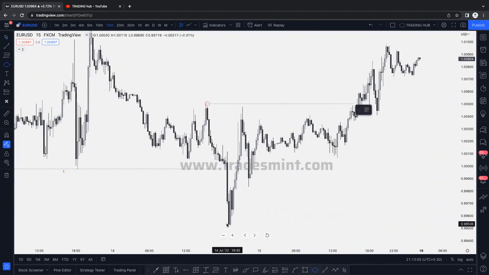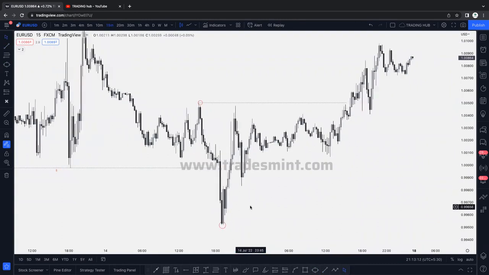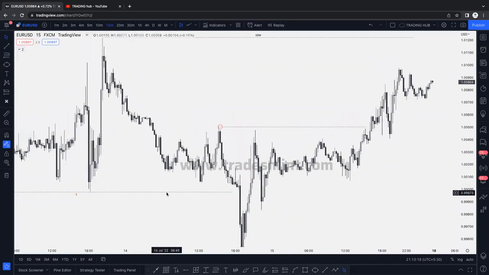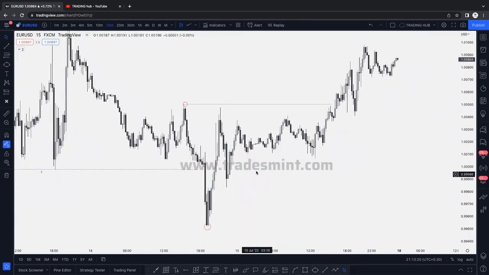And between this high and low, okay, this is a single leg, correct? And this is a single leg, because the market broke the structure right here. So in this leg, we can also mark this as an inducement and this high as a supply, right?